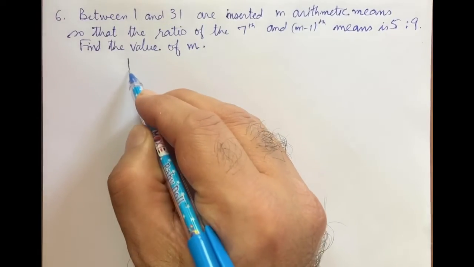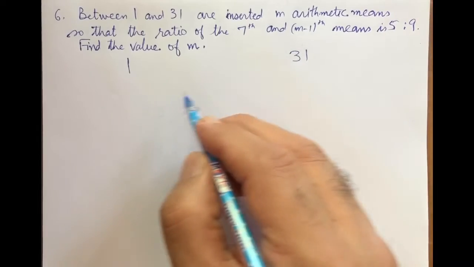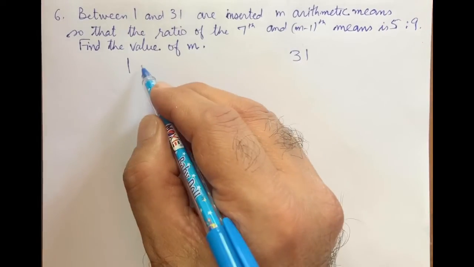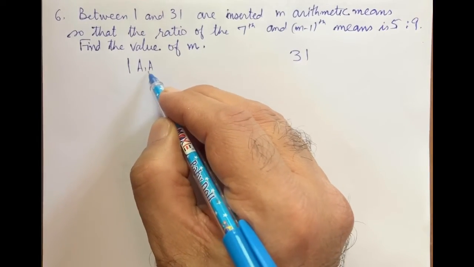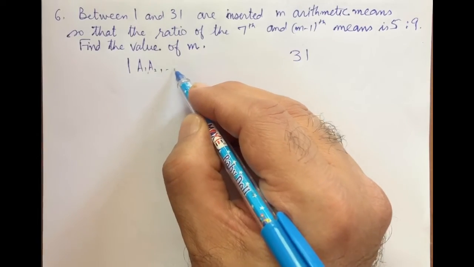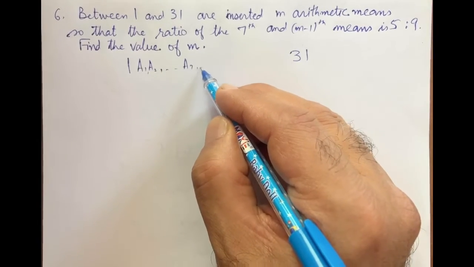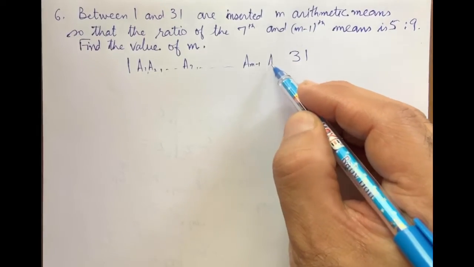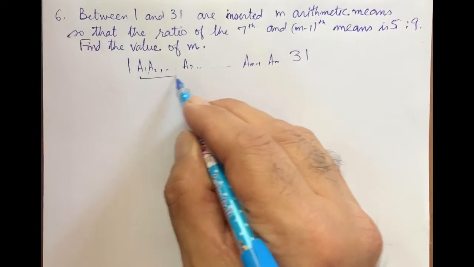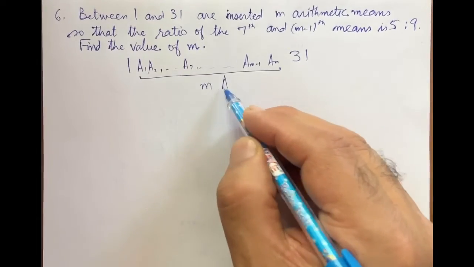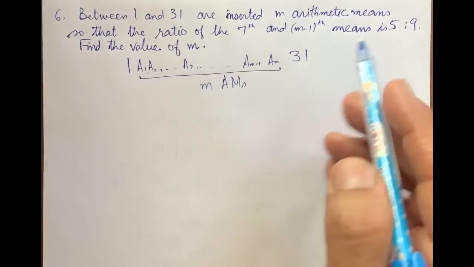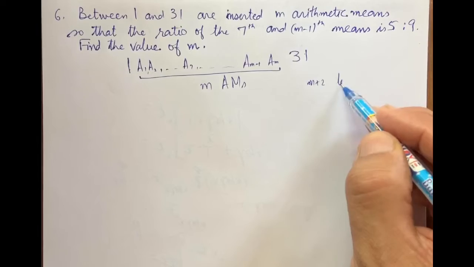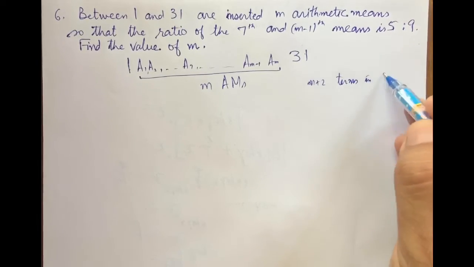We are given numbers 1 and 31. m arithmetic means are inserted. So we have first arithmetic mean A1, second A2, A7 seventh arithmetic mean, then A(m minus 1), and last one is Am. So with these means, m arithmetic means plus 2 given numbers, we have m plus 2 terms in AP.